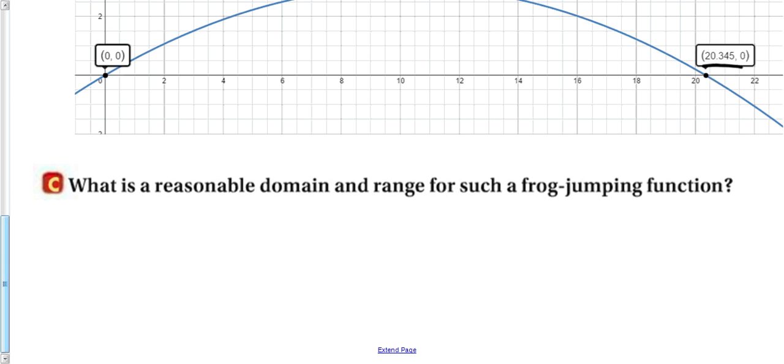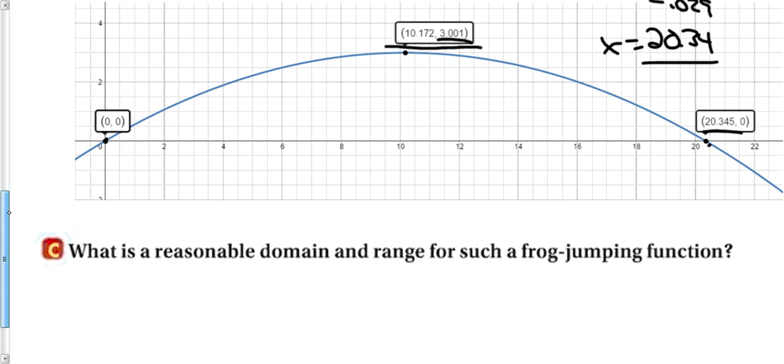So a reasonable domain for frog jumping is probably between 0 and something bigger than this, because we might have another frog. We could come up with a reasonable number for the furthest a frog could ever possibly jump, maybe something around 30 or 40 feet or something like that.